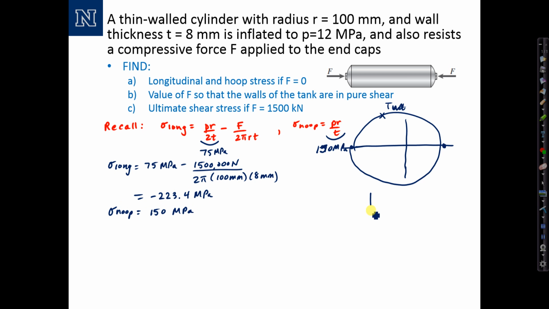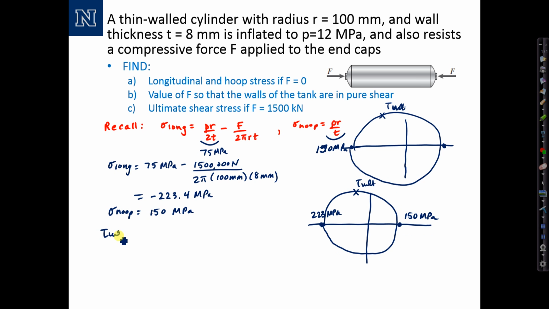So this gives us, I'm going to draw this a little bit neater so you can understand. This gives us the principal stress in the positive direction of 150 megapascals, the principal stress in the negative direction of 223 megapascals, and then on my Mohr circle, I want this value, which is tau ultimate, so I need to find the radius of the circle.